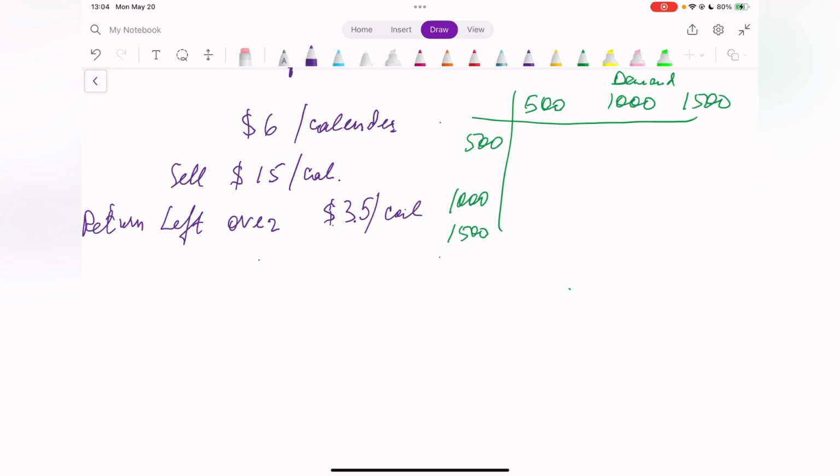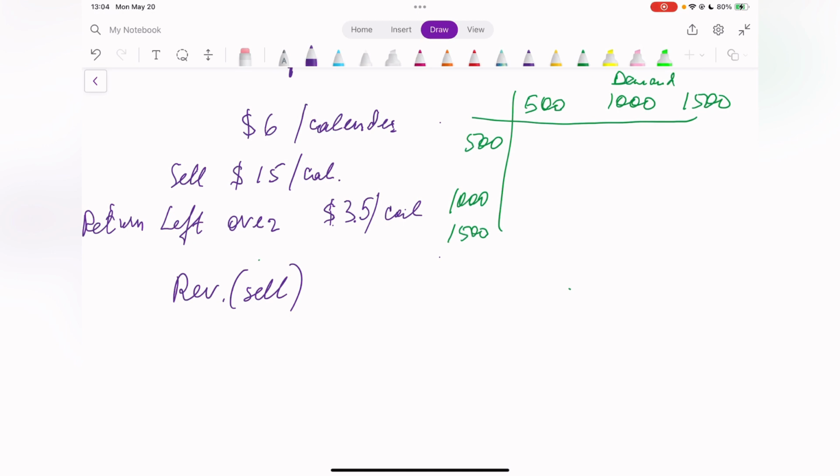First, let's see how much the revenue will be for the sold calendars. We have demand 500 and supply also 500, so all is good.